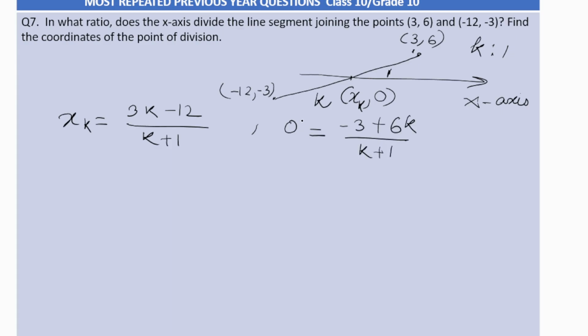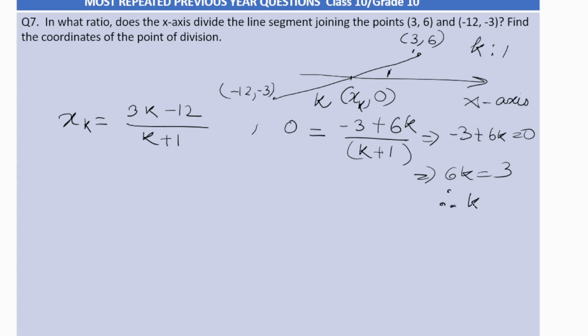So, from this particular equation, we can find out the value of k. If this entire thing goes to the other side, it will get multiplied and it will become 0. So, what is left after the k plus 1 goes to the other side? Minus 3 plus 6k is equal to 0. Now, I can take this minus 3 to the other side. It will become 6k equal to 3.